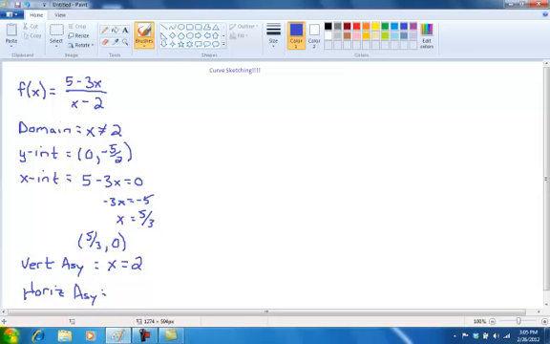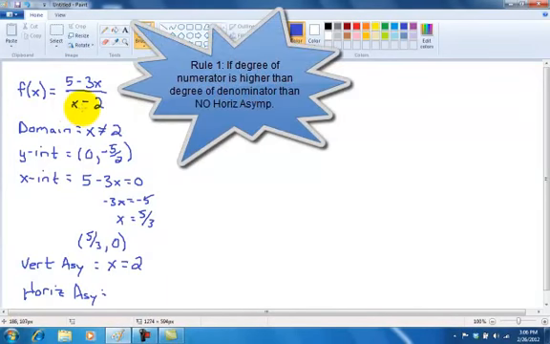Horizontal asymptotes: there are 3 rules. Listen carefully. Rule number 1 is you look at the x in the numerator and the x in the denominator. There might be many, there might be none. You find the x with the highest degree. If the degree of the numerator is bigger than the degree of the denominator, then there are no horizontal asymptotes.